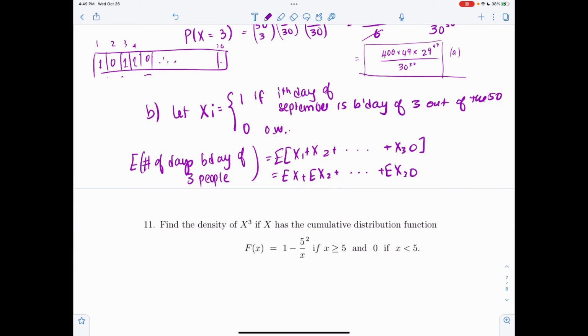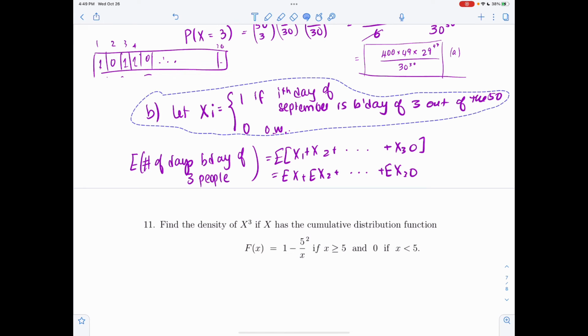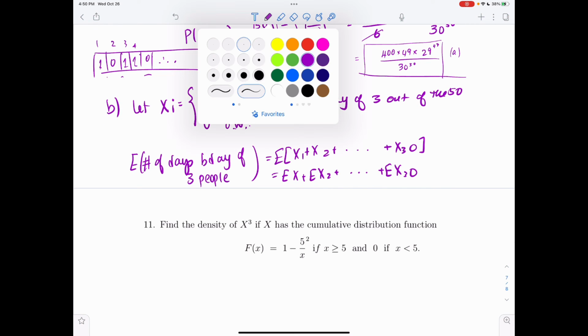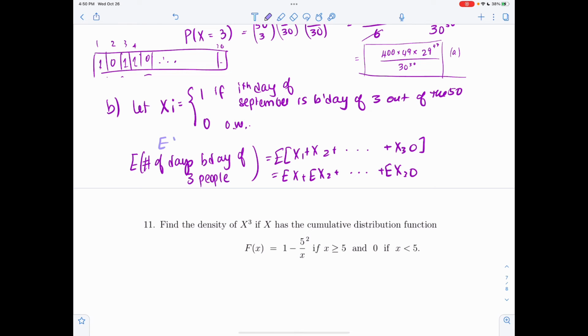Now, what is the expected value of xi for any i? Let me write that down here. I need to use a different color so it doesn't squish in your eyes. So it's 1 times the probability xi is 1 plus 0 times the probability xi is 0. It's a discrete random variable, right?